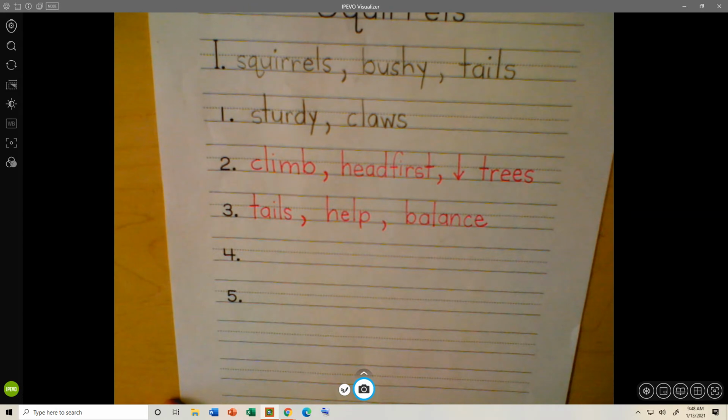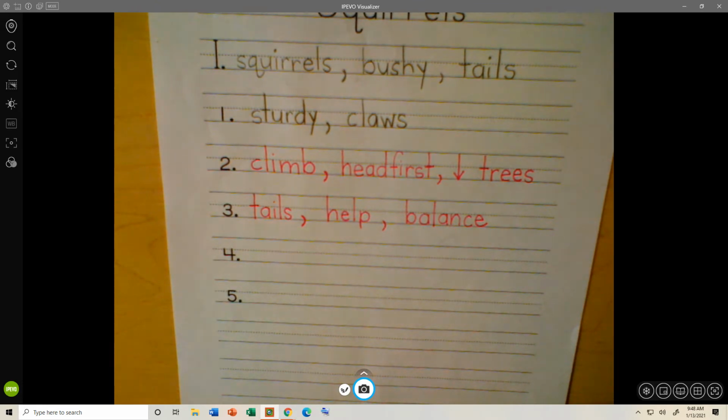Can somebody really brave try to tell us, using only their outline, what this paragraph says so far? Let's see. Gianna. Squirrels, bushy tail.